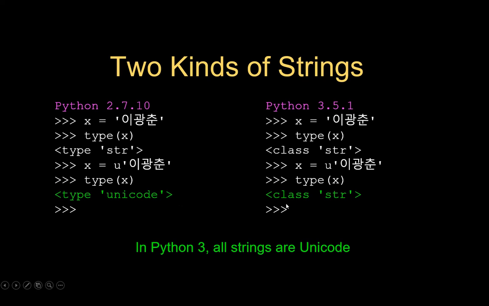That's in Python 2, but in Python 3 we have them as strings. So this is how Python 2 and Python 3 differ.